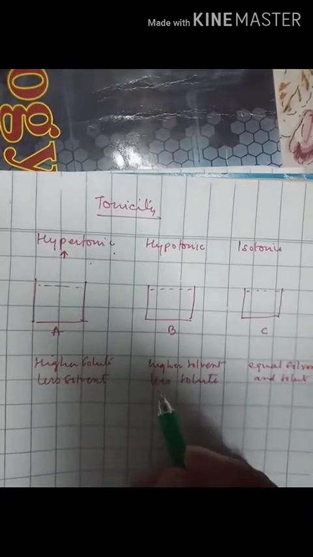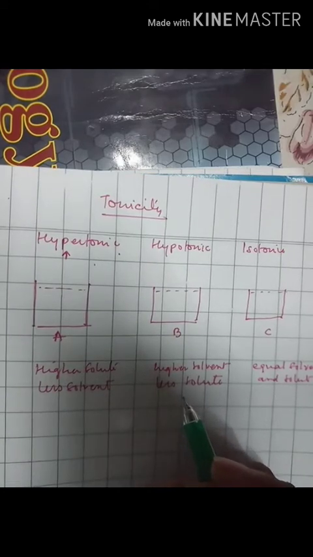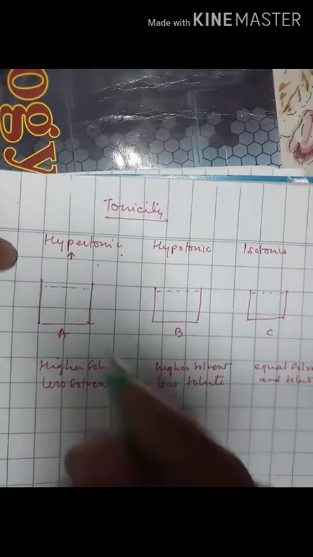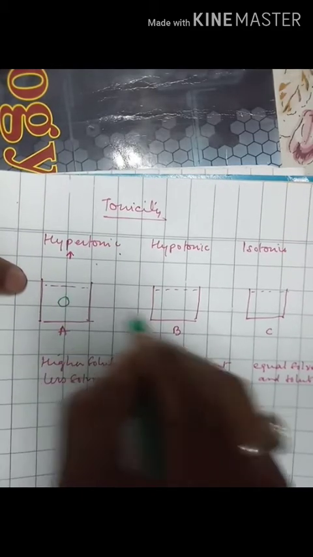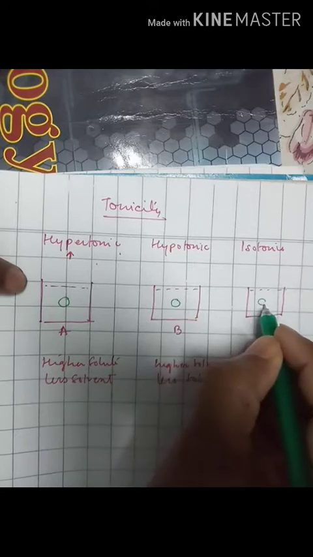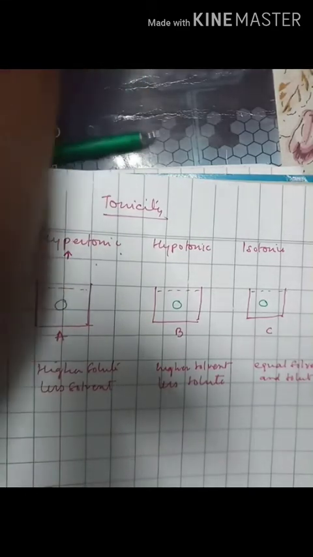If we place a living cell, maybe animal cell or plant cell, in all the three beakers, what changes will we see? So see the first one.